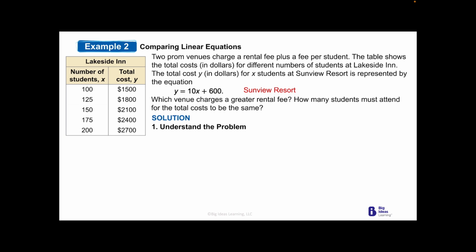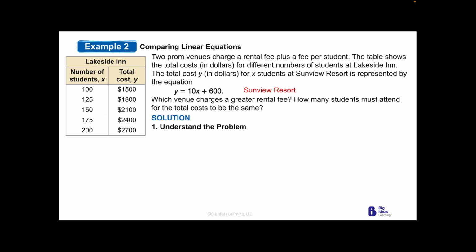At this current moment, we know something about Sunview Resort. We know that if nothing else, the rental fee alone is going to be $600. Now, why do I know that for Sunview? Because that's what my y-intercept is. That's $600, or 600 represents the initial fee.